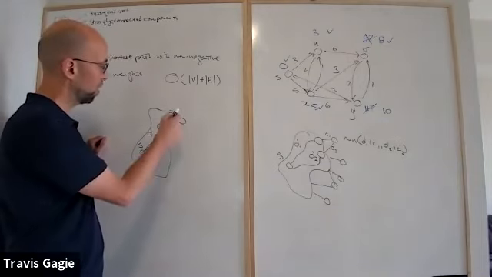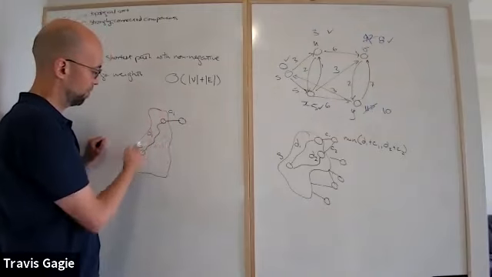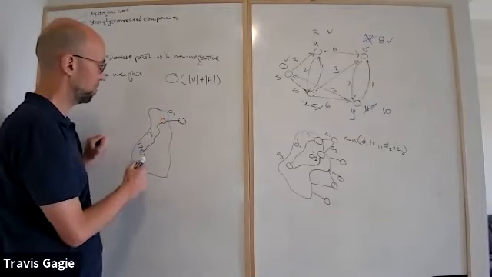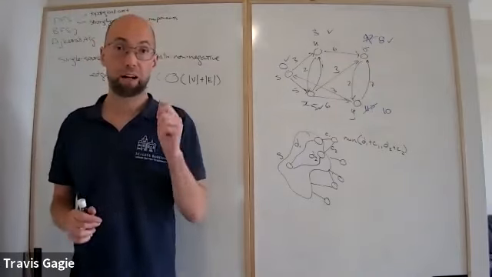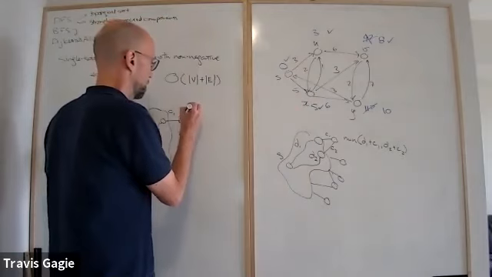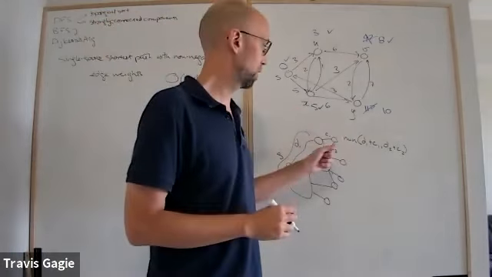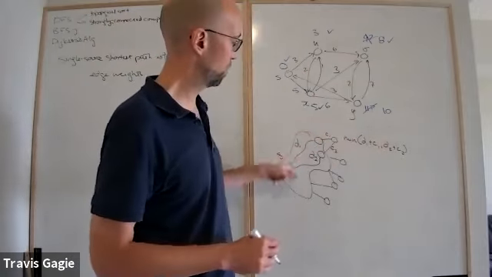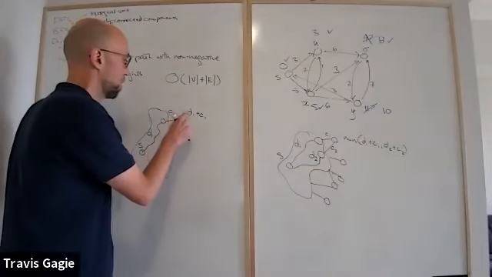Of all of the things we can reach in one step from this piece where we've confirmed the costs, this is the cheapest. So our algorithm labels it with D1 plus C1, the minimum of all of the ways to reach this in one step. We label it with that.